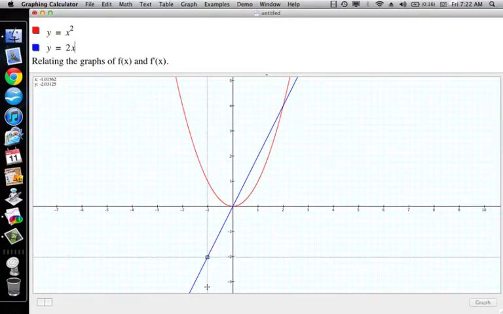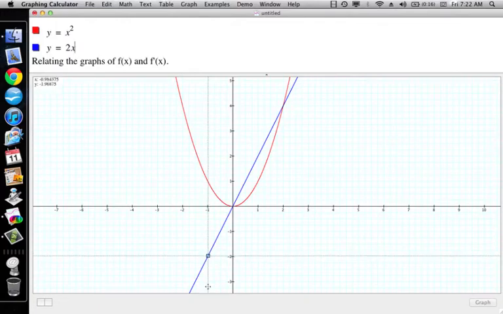So right there, the blue line has a y value of -2, and what that means is that the red line has a slope of -2. So negative means it's going down, and then 2 means it's going down 2 for every one that it goes over, right in that region.